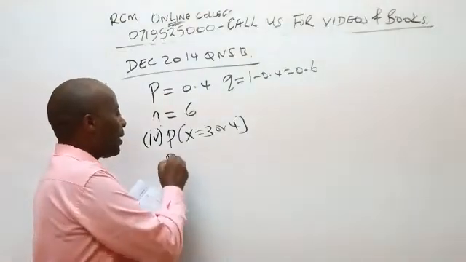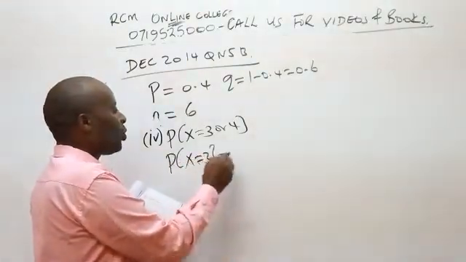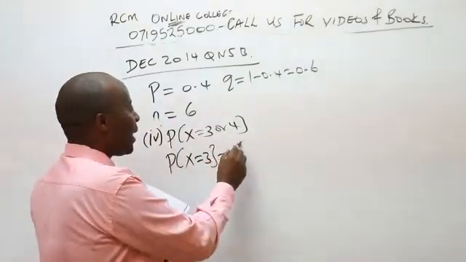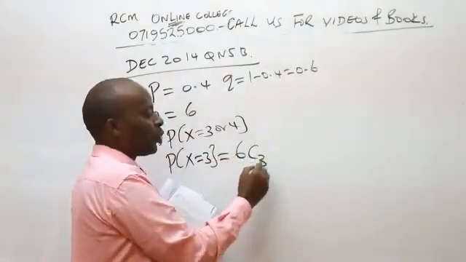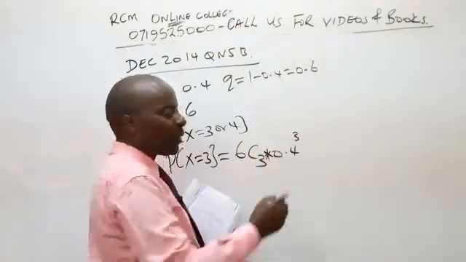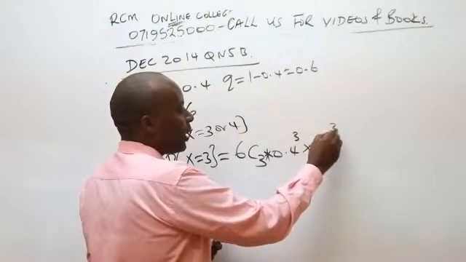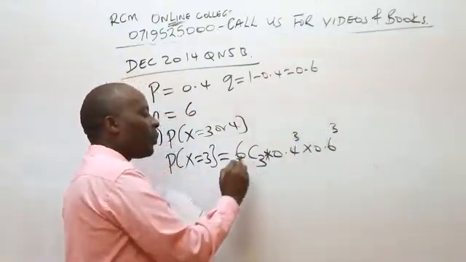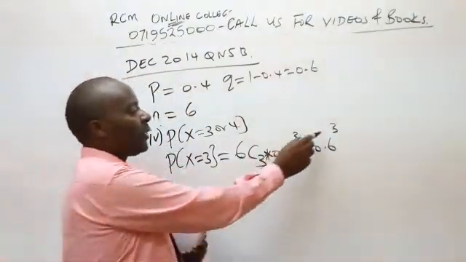So probability of X being equal to 3. This will be n, which is still 6, combination 3 times 0.4 raised to X, which is 3, times 0.6 raised to the balancing figure. Given that the two powers must add up to 6, the balancing power will be 3.